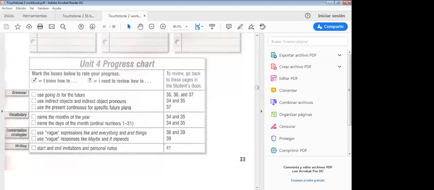First, second, third, fourth, fifth, sixth, seventh, eighth, ninth, 10th, 11th, 12th, 13th, 14th, 15th.